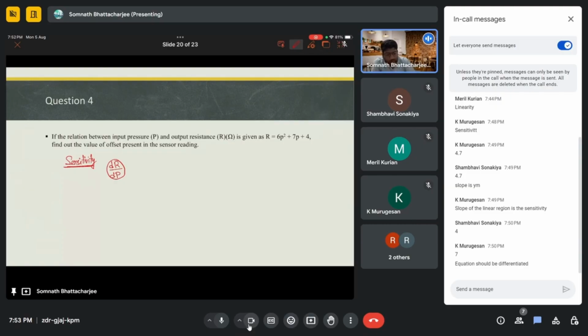In this case, what will happen? We get dR by dP equals 12P plus 7. So the value we calculated was wrong anyways. Even the sensitivity will be 12P plus 7. We need the value of the input pressure at least to get the sensitivity. So the value will be dependent on the input itself.